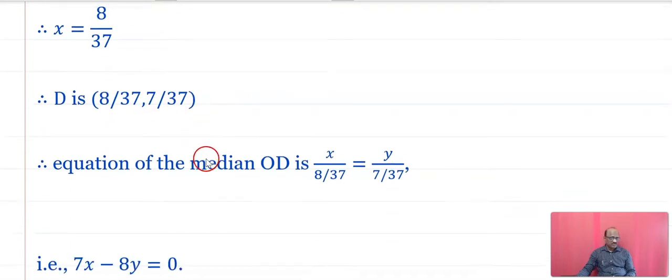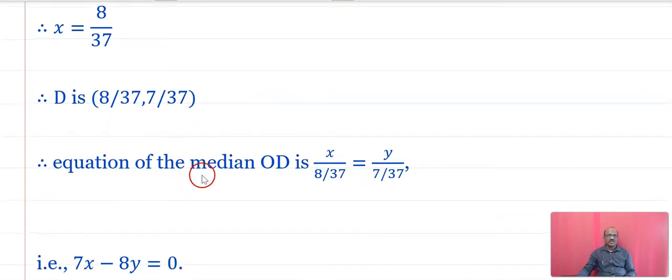Now the equation of the median OD. The line passes through the origin. Then you can find out, O is the origin. Then what is the slope of OD? Slope of OD is equal to y minus y1 upon x minus x1.